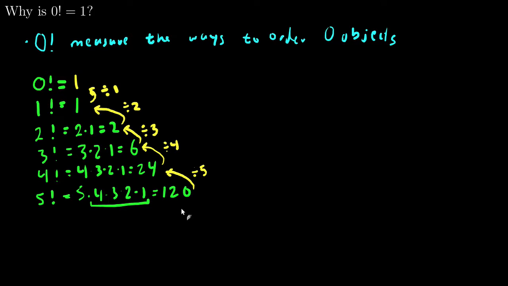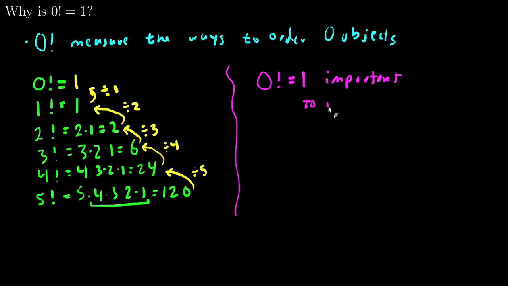The last thing I'm going to say about this is probably the most important thing. 0 factorial equaling 1 is crucially important to make later formulas simple.